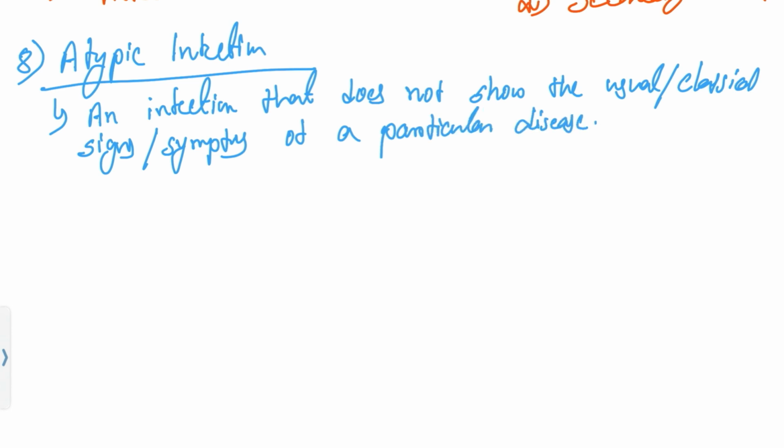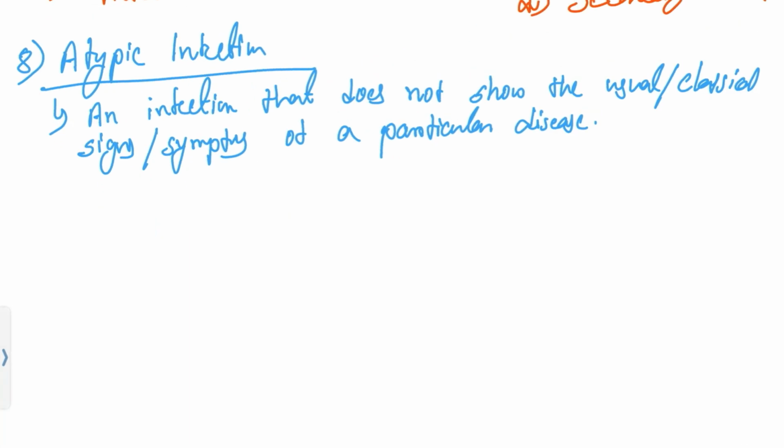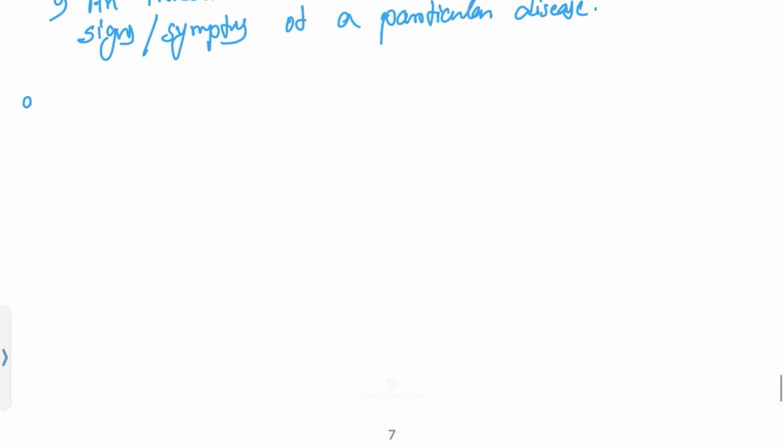An example is a patient suffering with COVID-19. You already know the signs and symptoms of COVID, like anosmia, severe respiratory depression, fever, body ache, etc. But you tested the patient's throat swab and found the patient has COVID-19, yet the patient says, no, I don't have sore throat, I don't have anosmia, anything. So that will be coming under your atypical infections.